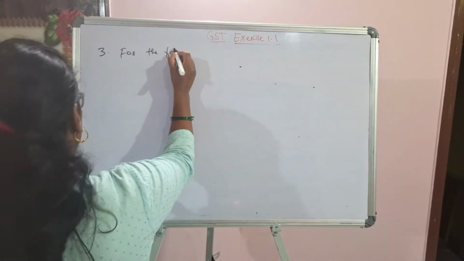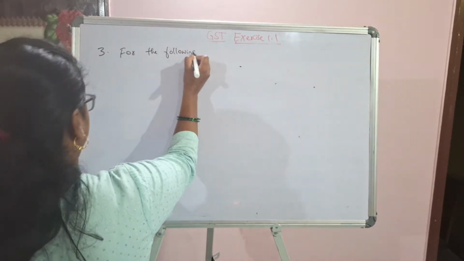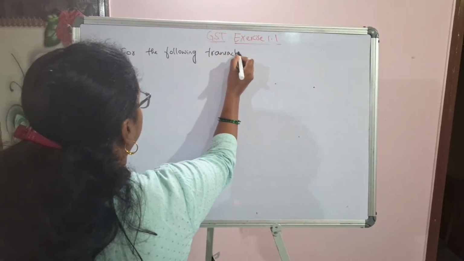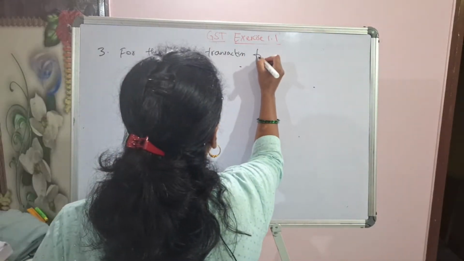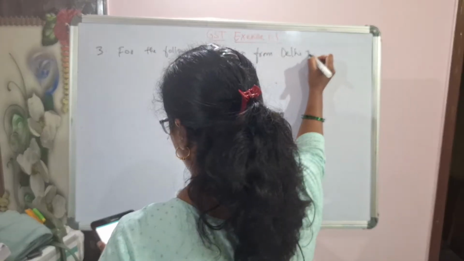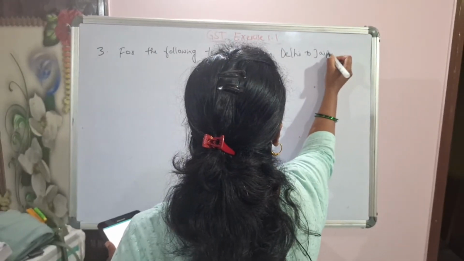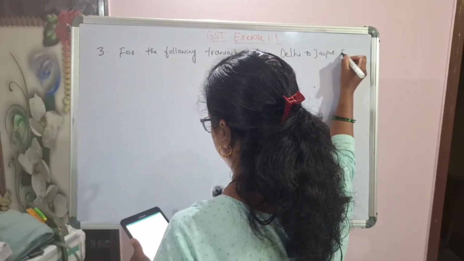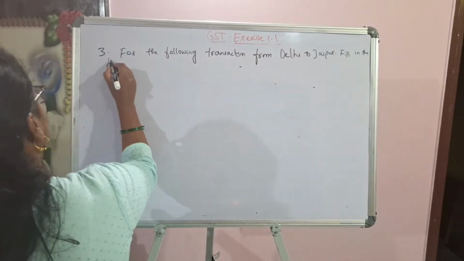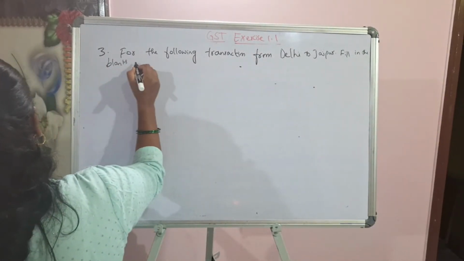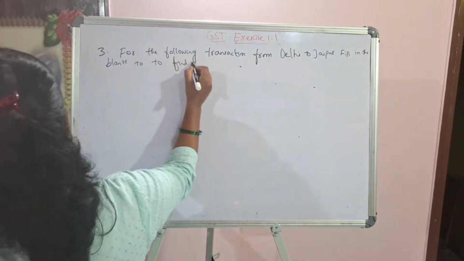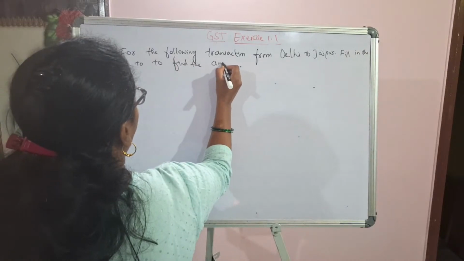For the following transaction, from Delhi to Jaipur, fill in the blanks to find the amount of bill.